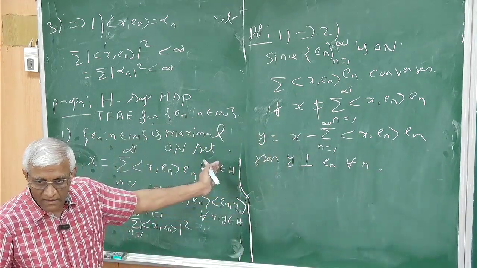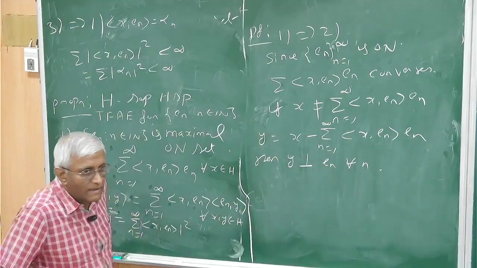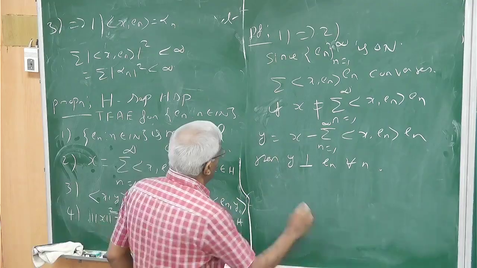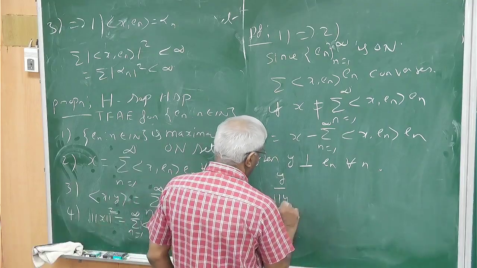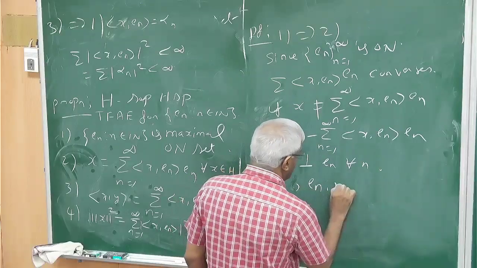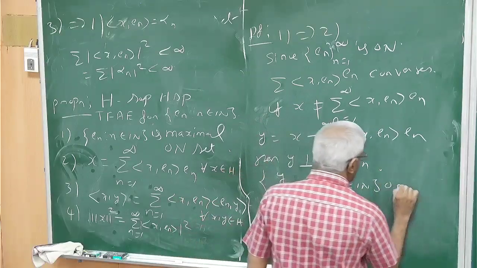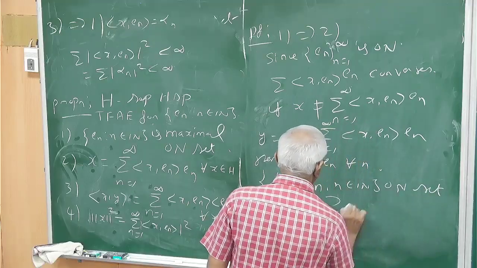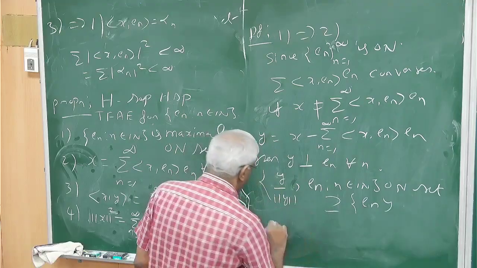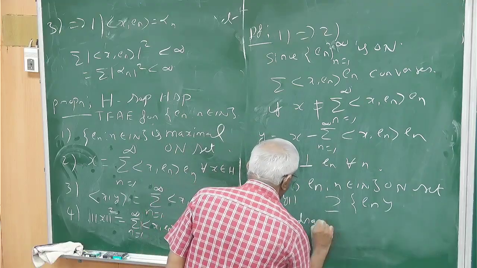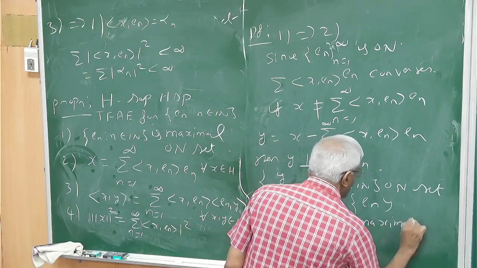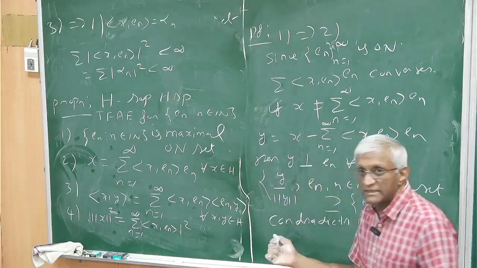Orthogonal to e_n for all n. So y divided by its norm, together with all the e_n, is an orthonormal set which contains the e_n. This contradicts the maximality of the set.